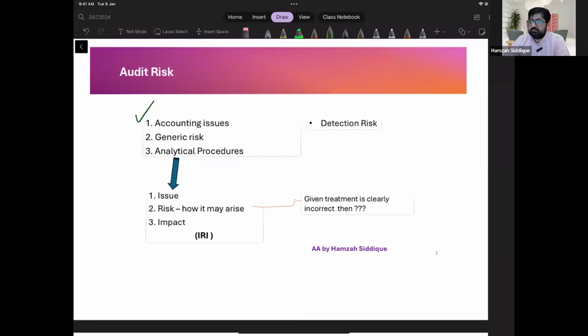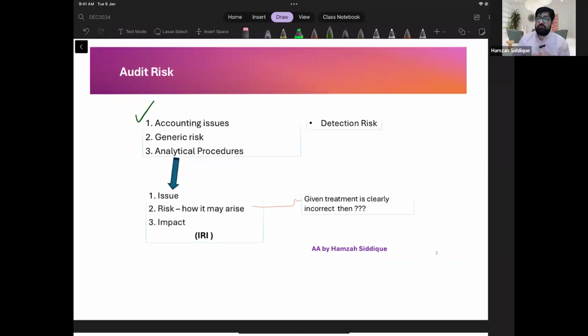accounting issues, where some IFRS implication is there. Revaluation of asset, for example, depreciation, for example, research and development cost, and so on.